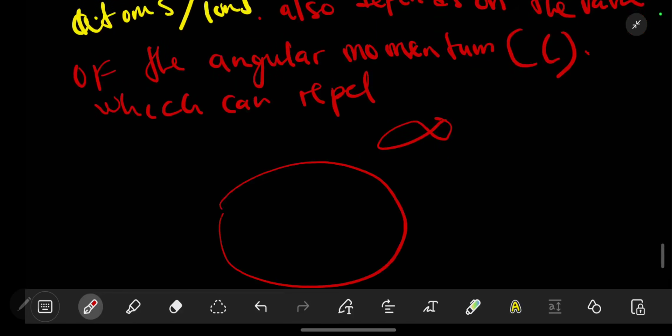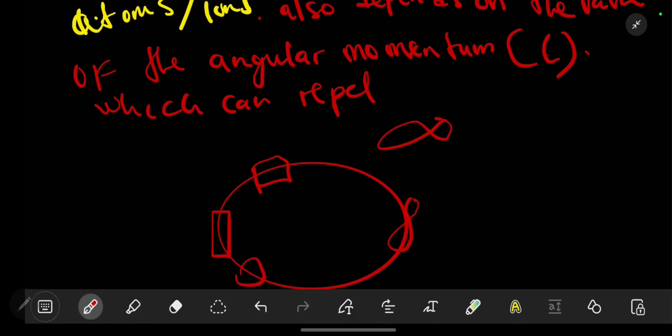So in one shell like that, there are more. There is the S shell, there is the P shell, the diffuse, the dumbbell and all that. So in short, to bring it into context, we can have something like this. All these are holding shells. Due to this, it also depends on what type of angular momentum they are in.